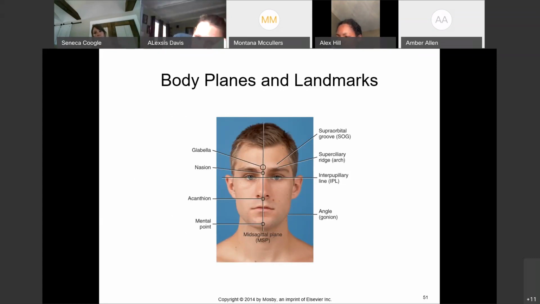The supraorbital groove, superciliary ridge, the IPL, the angle of the mandible, which is the gonion, mental point, very end of the chin, acanthion, right here between where the nose meets the upper lip. Now, when we're doing facial bones and sinuses and mandible, you're going to use the acanthion a lot more than you do the glabella. So we're moving down the face. So your body planes and landmarks are going to be a little bit different.